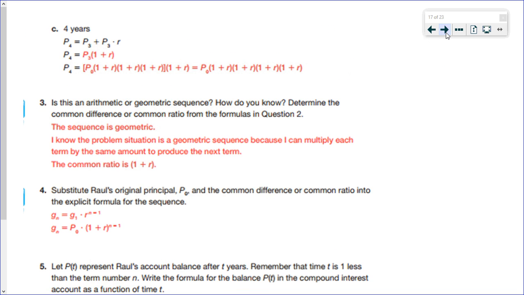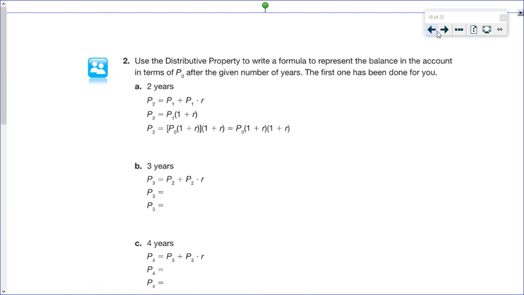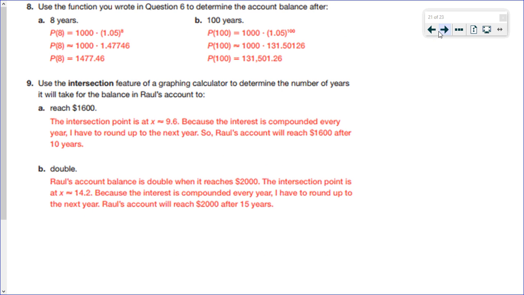And if I go forward now, when we use our new formula, it's $1,477.46. Okay, so by doing compound interest instead of simple interest, we get $77.46 more in just 8 years.